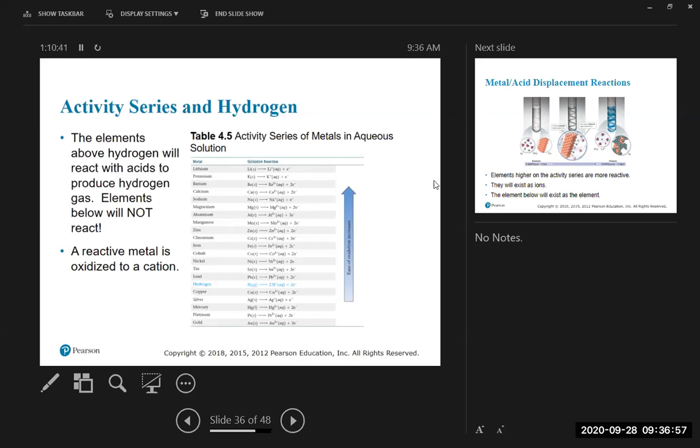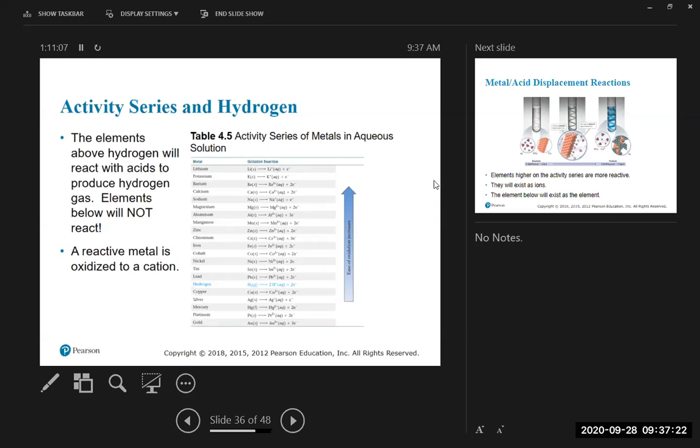Where this activity comes into play is that a lot of these metals are used as catalysts, and a catalyst is something that just makes a chemical reaction go faster or quicker. And that's where some of this metal reactivity stuff comes into play. But for our purposes, we just want to remember that hydrogen is the cutoff on this table.